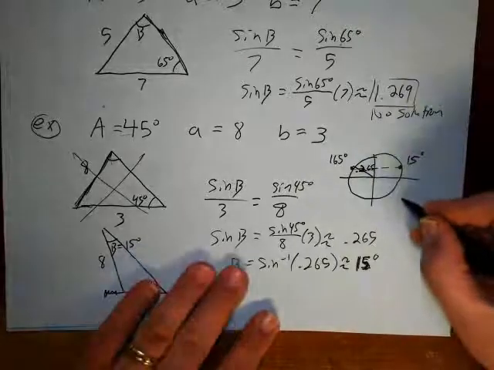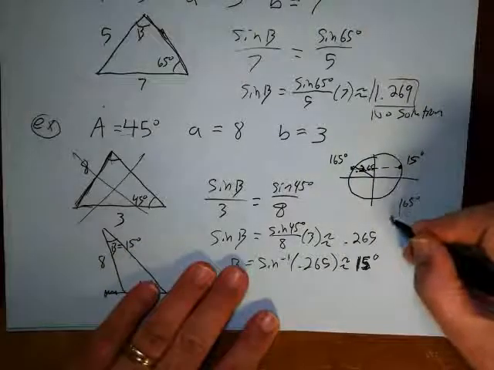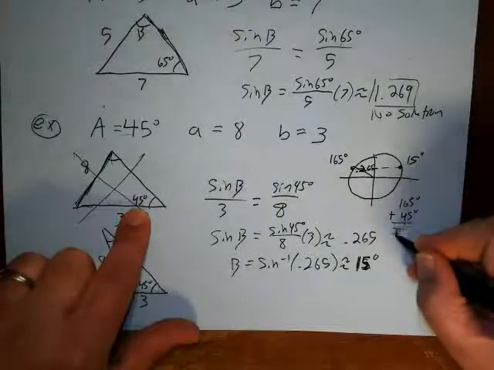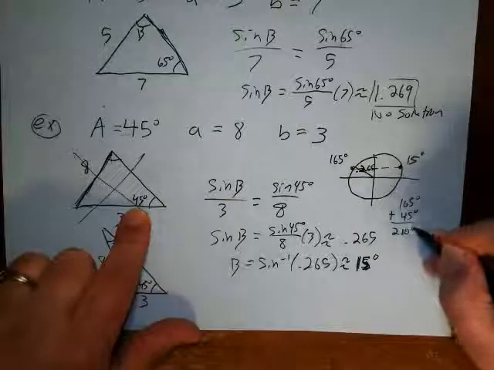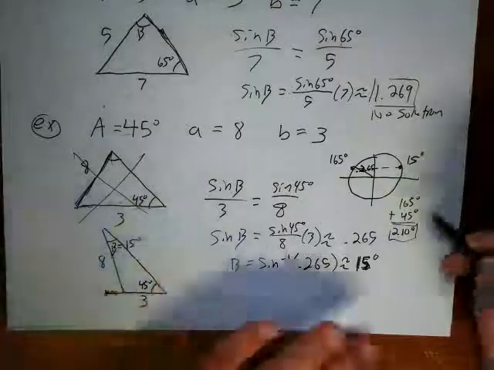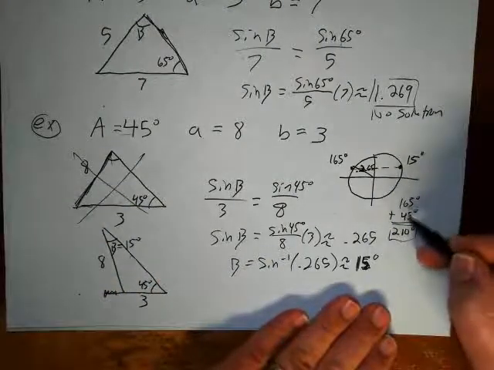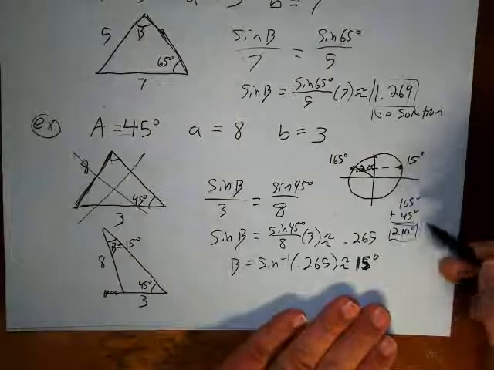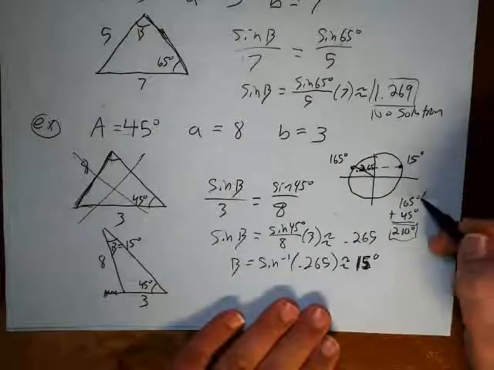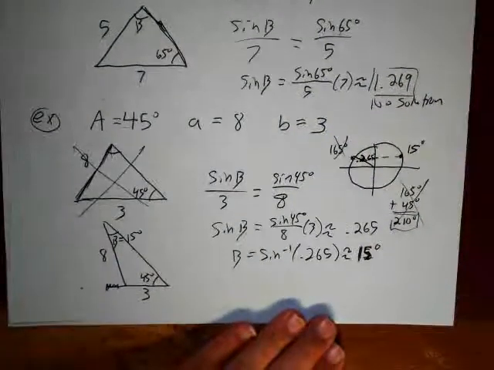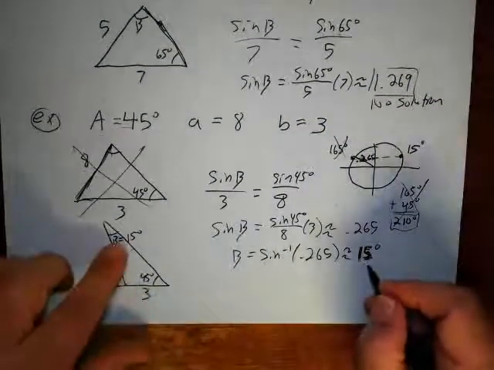But notice that 165 degrees plus this 45 degrees is actually equal to 210 degrees, which is not possible here as far as making a triangle, right? You can't have these two angles plus another equal 180 degrees. So that means this one does not result in a triangle. There's only one solution, and it is 15 degrees here.